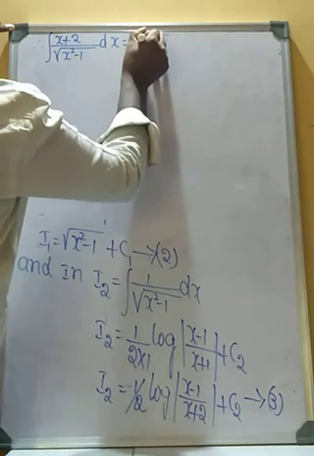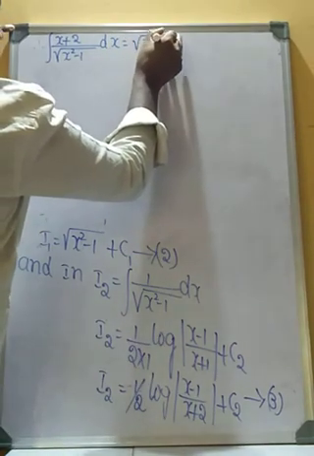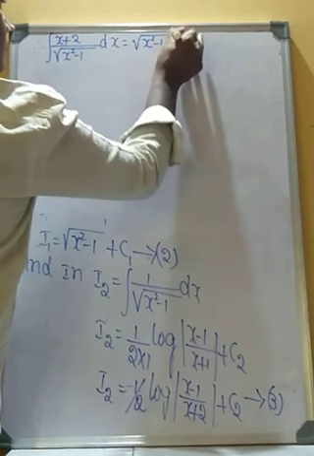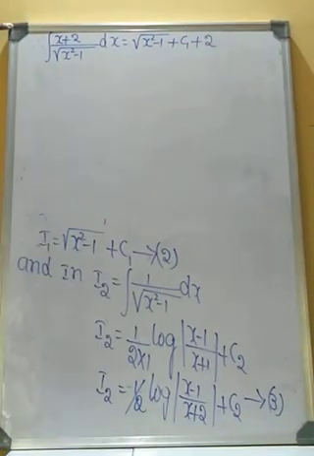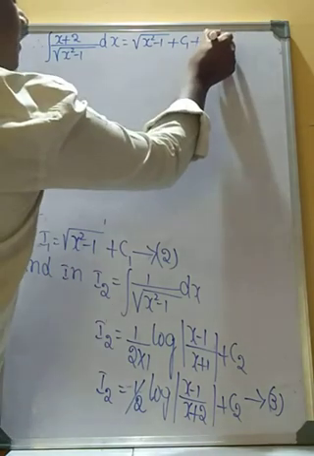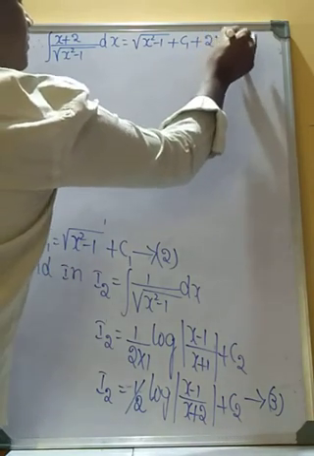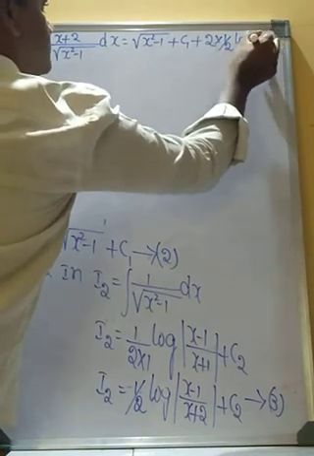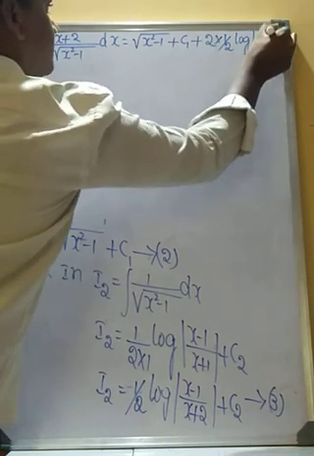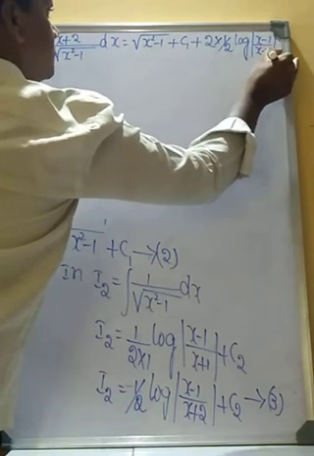Root of x square minus 1 plus c1, plus 2 into, what is I2? 1 divided by 2 into log of mod x minus 1 divided by x plus 1 plus c2.